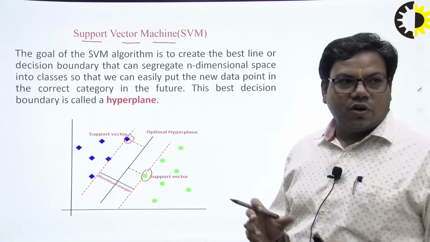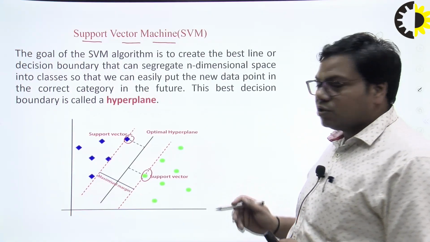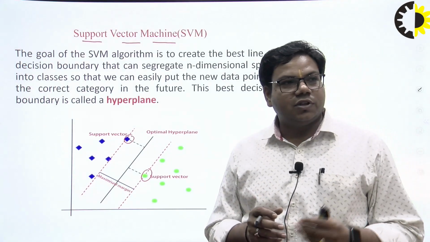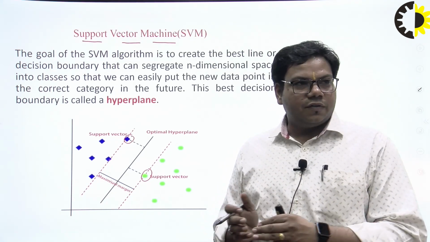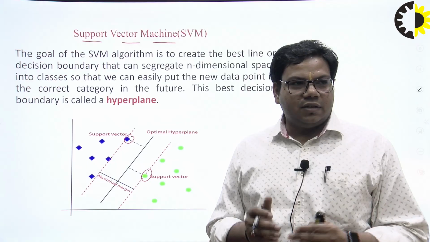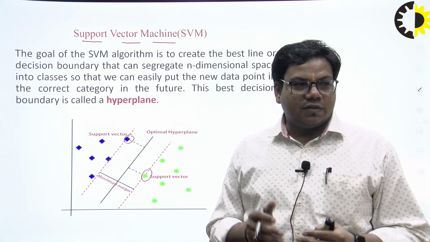The dimension of this feature space is assigned as per the number of features. Suppose your data set has n input features, then there would be n dimensions of that data in the feature space.